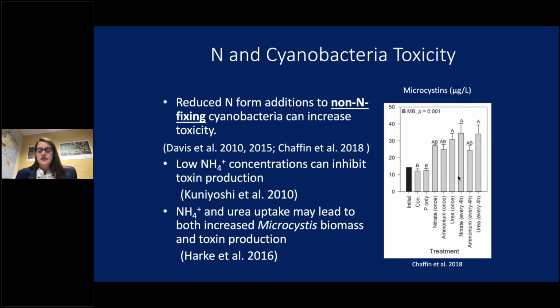And there's a nice paper here from Justin Chaffin showing that basically no matter what kind of nitrogen you add, you increase microcystin concentrations versus a control or a P-only treatment. There have been other papers showing that not having enough ammonium around can inhibit toxin production, and Matt Harke's paper showing that ammonium and urea uptake both led to Microcystis biomass and toxin production increase.